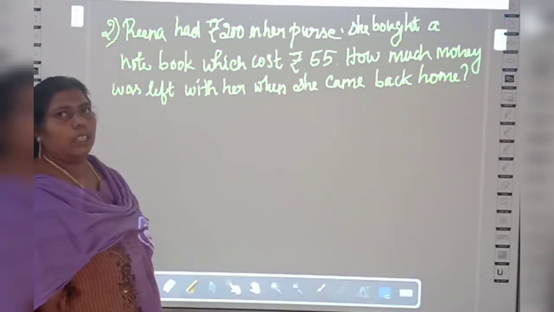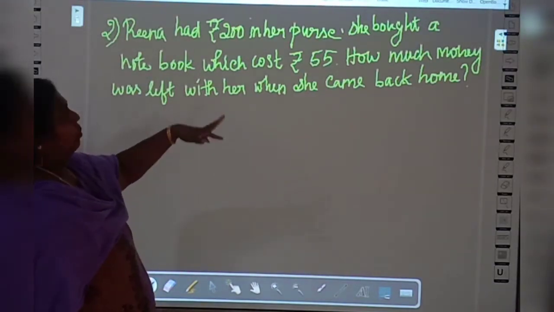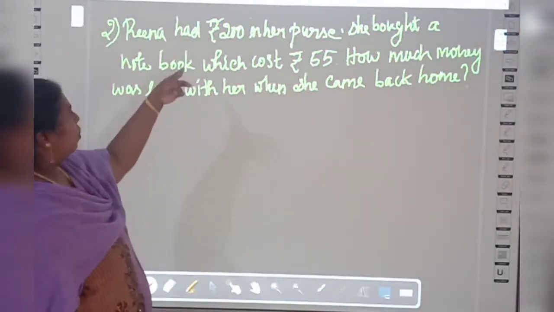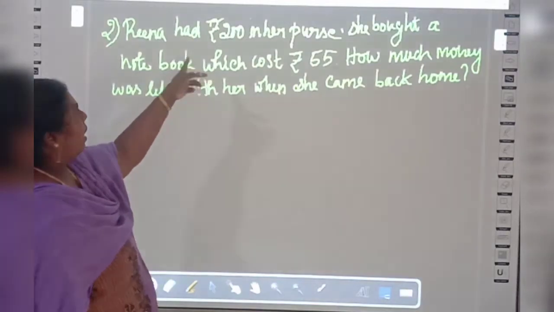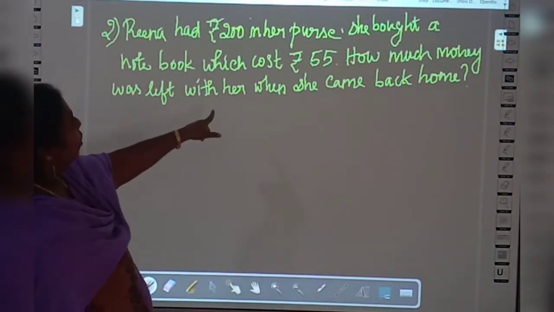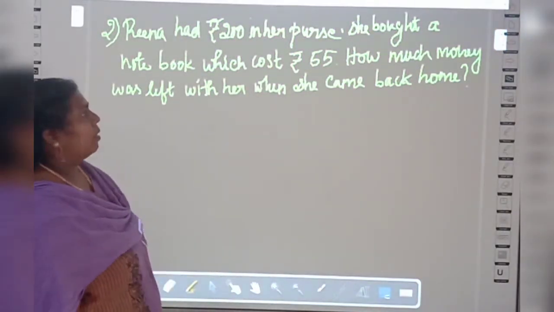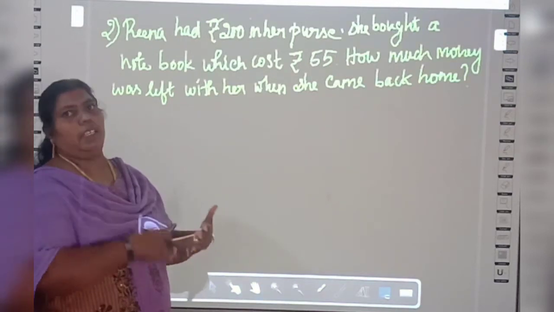Do you understand the question? Actually, in her hand, how much money is there? 200 rupees, isn't it? Yes, in her hand 200 rupees is there. But she bought a notebook that cost how much? 55. Then how much money is left in her hand?